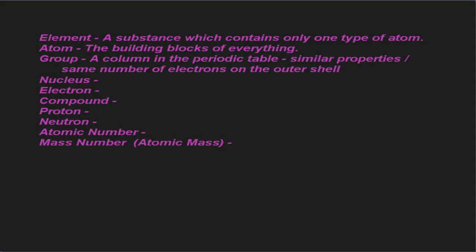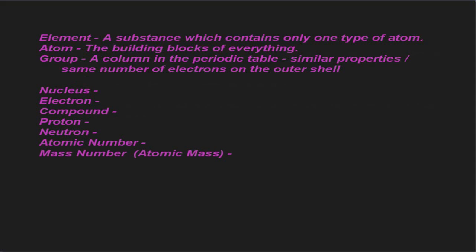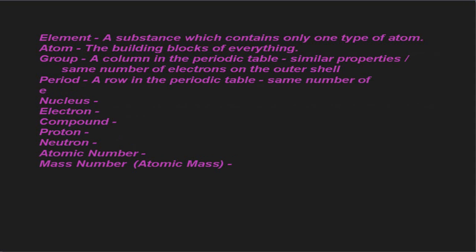Now, as well as that, actually, let's go for period. Period is actually quite simple. A row in the periodic table, and they have the same number of electron shells.